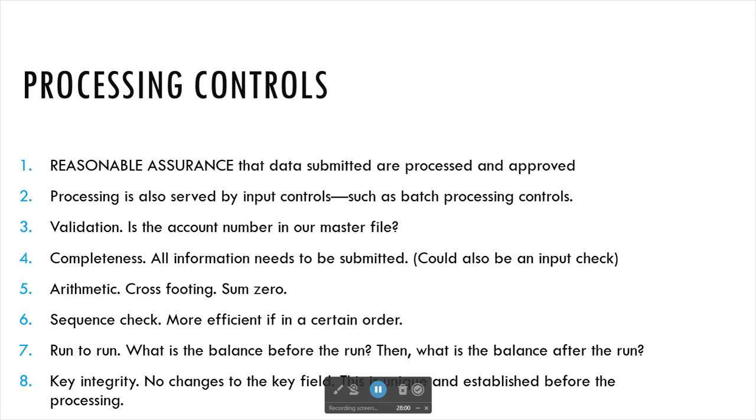I think this is like a walk forward. You think about what you have in the system before you do a run of data, and then you say, well, if I put this data in there, what will the updated total be? And is that indeed the updated total? If it is, then you have accomplished your thing in hand. Key integrity. This is data integrity that is related to the key.